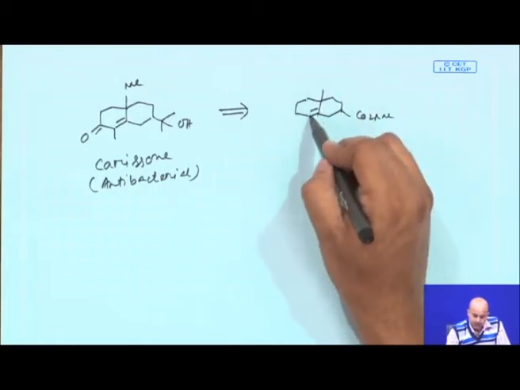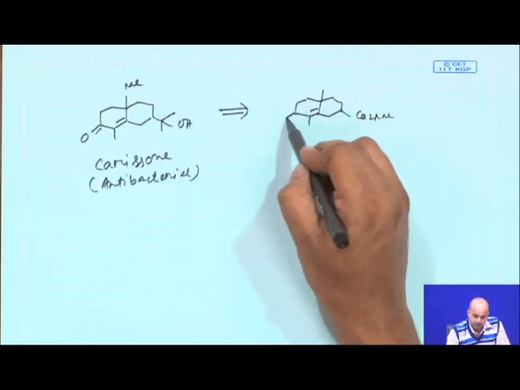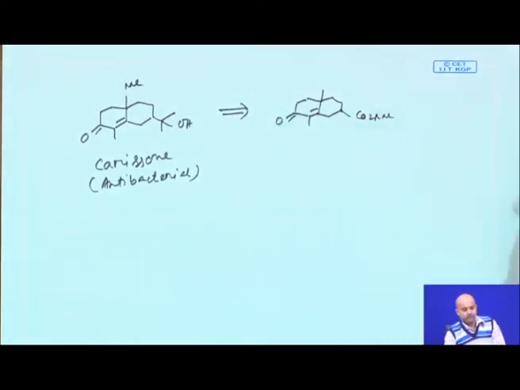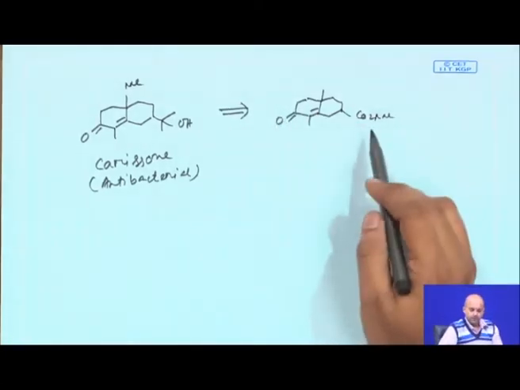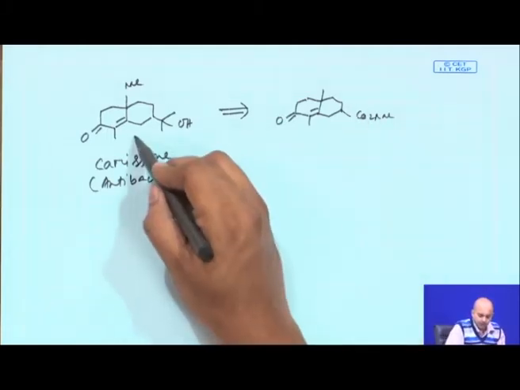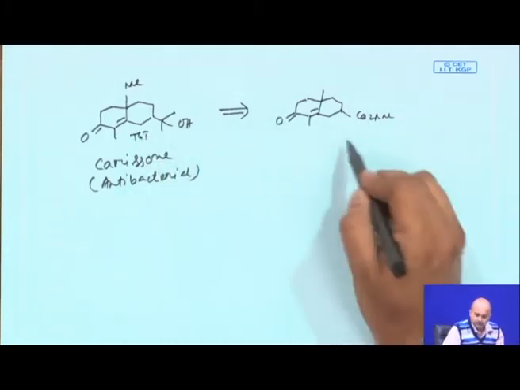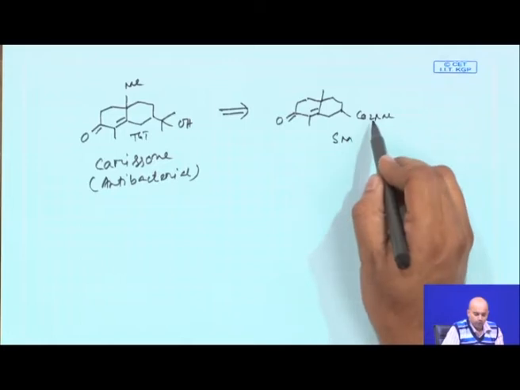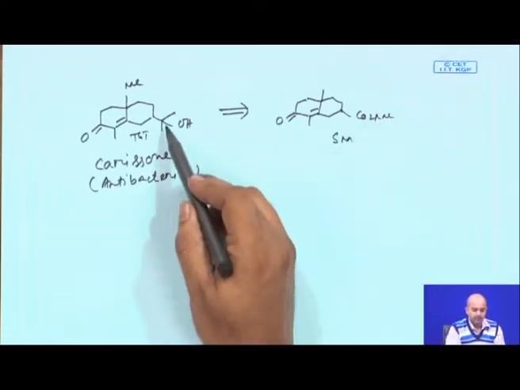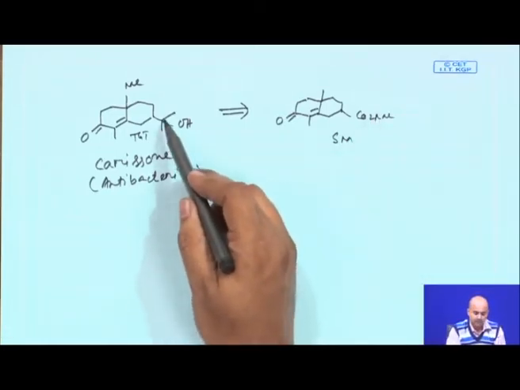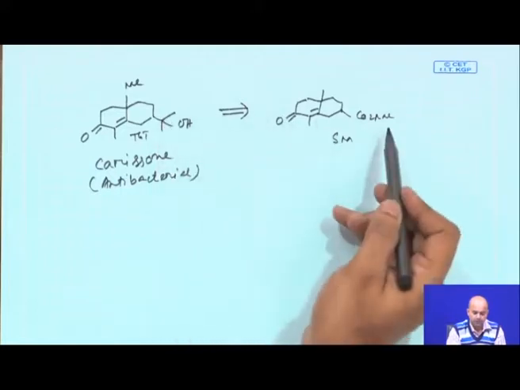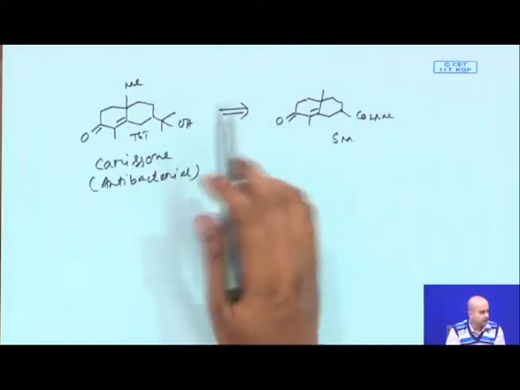So, now you see how you can correlate this starting material to this target. Actually, the only difference between the starting material and this target is that the starting material has CO2Me and the target has a tertiary alcohol. So, basically this appendage or functional group you need to fine tune.